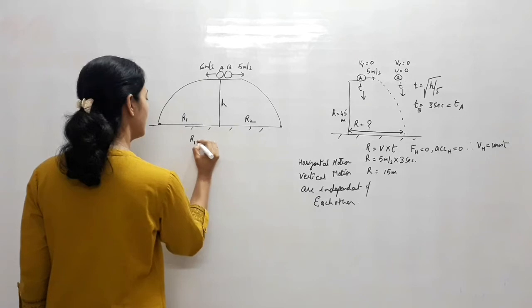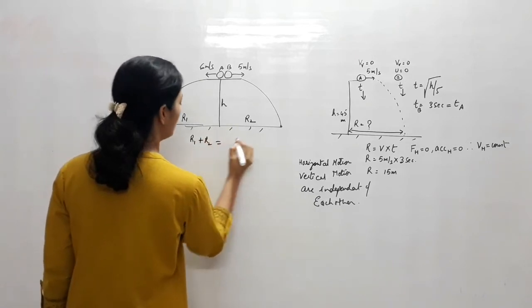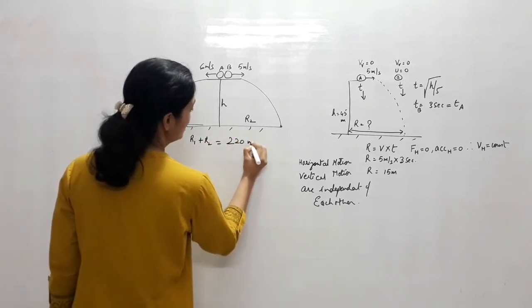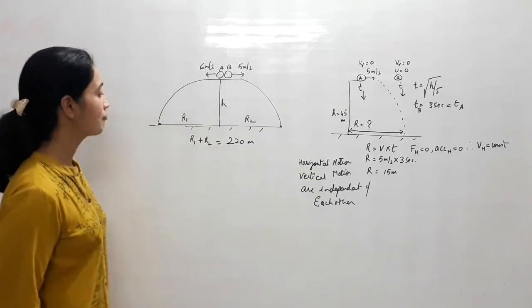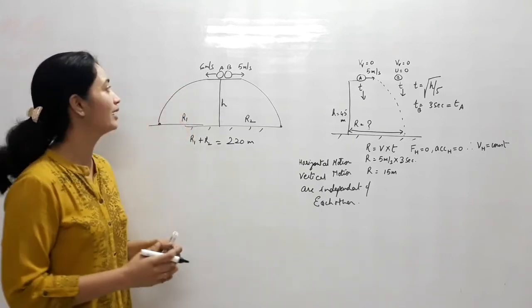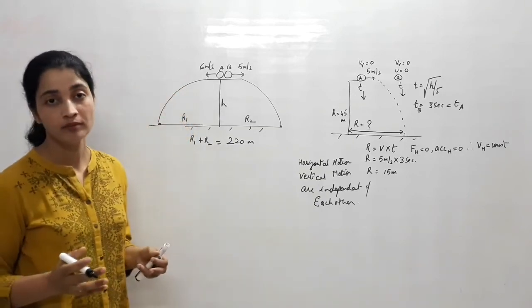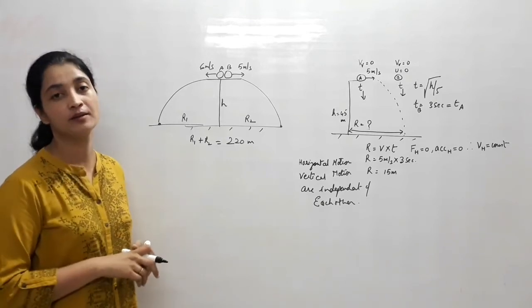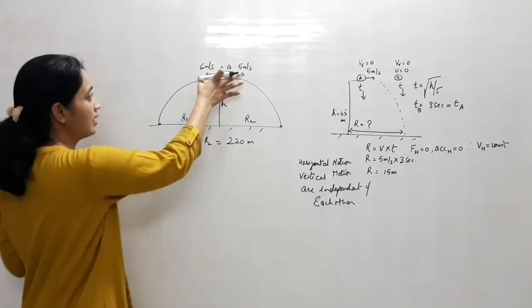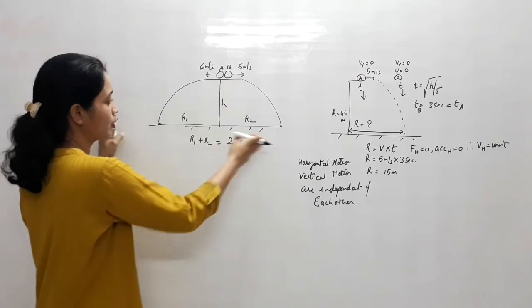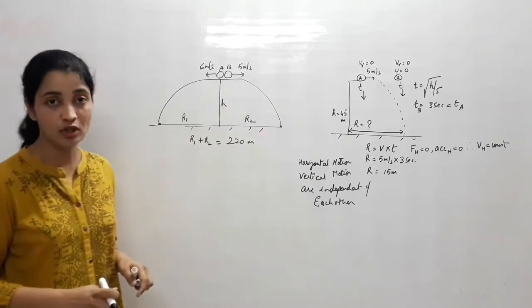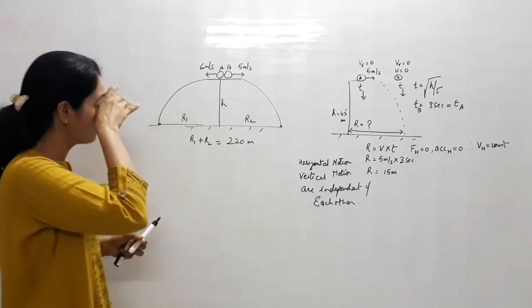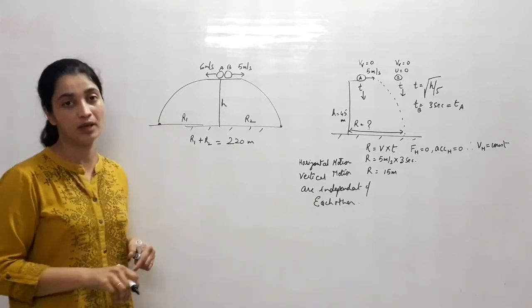It is given that the distance R1 plus R2 is, let us say, 220 meters. You have to calculate the time taken by the balls to come down. Take a minute and think, how will you move ahead? Nothing has been given, only their initial velocities in the horizontal direction and the total distance between their horizontal ranges, 220 meters, and you have to calculate the time they will take to come down.